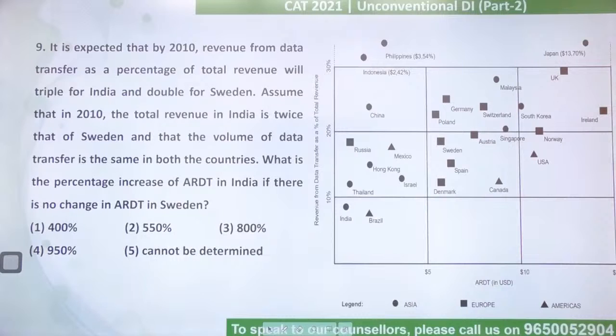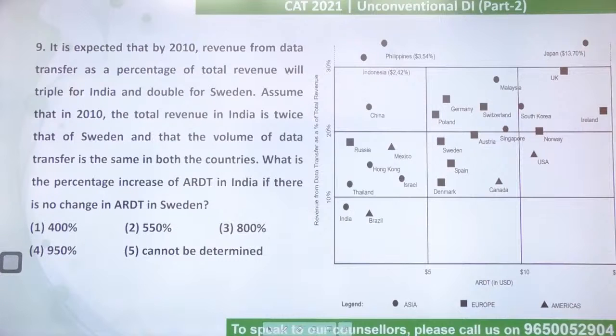No answers yet. Kriti Jain has answered as 5, that is cannot be determined. Okay, Kriti. Vaishnavi has answered 800%, that is option 3. Okay, Vaishnavi. Yes, any more answers? I'm still looking for a few more answers.